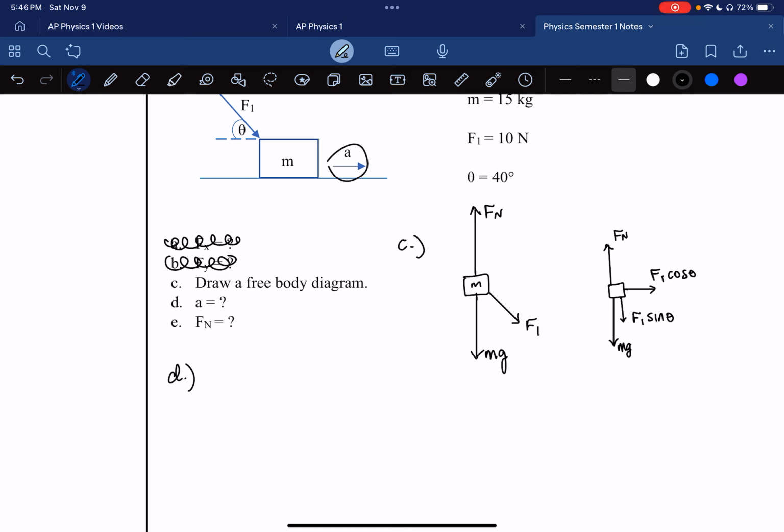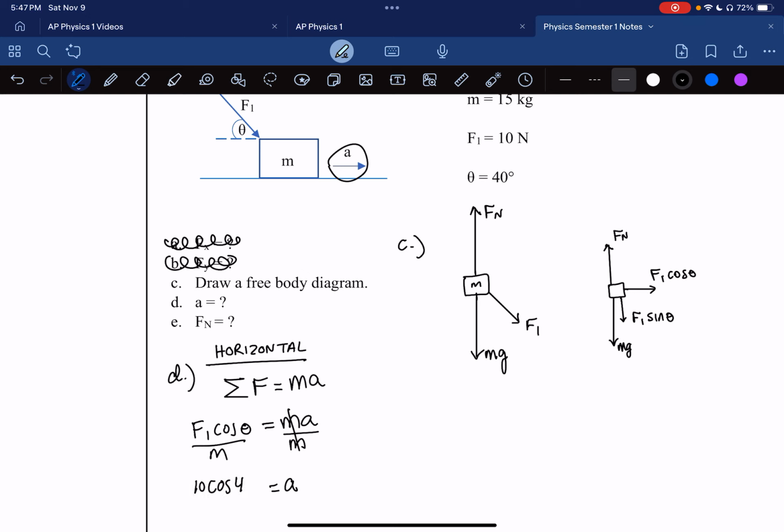And so if we know it's accelerating to the right, we're going to analyze the horizontal Newton's second law. Horizontally, there is just F1 cosine theta equals ma. We'll divide by m to solve for a. And so we'll plug in some numbers. It's 10 cosine of 40.